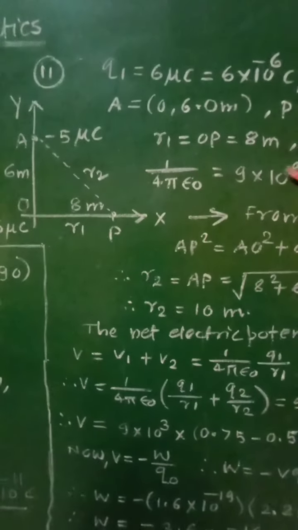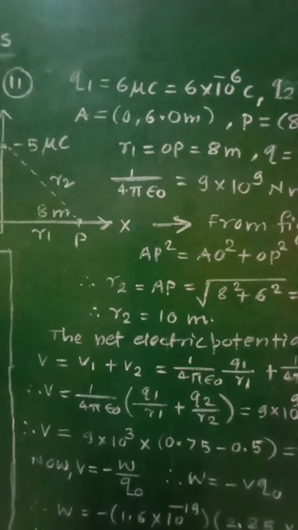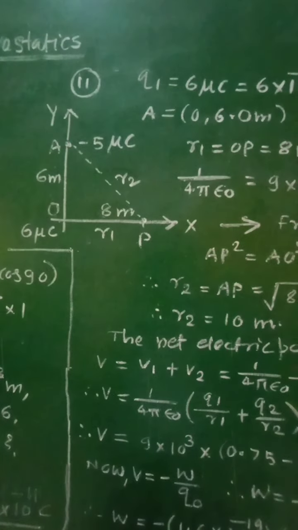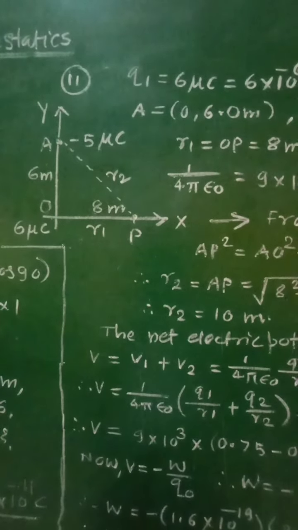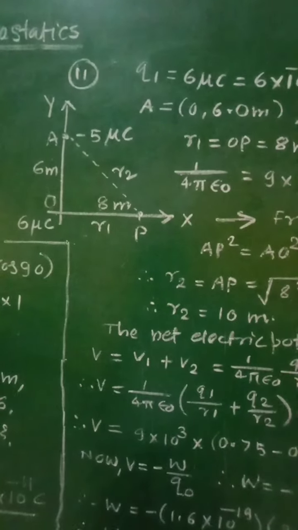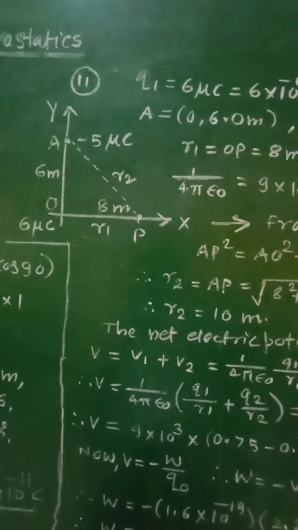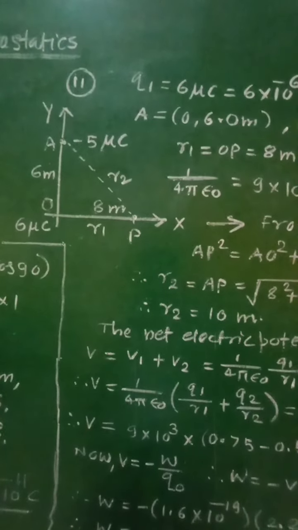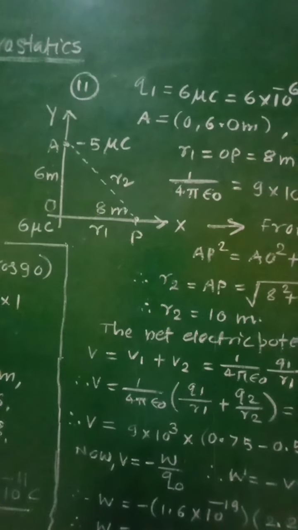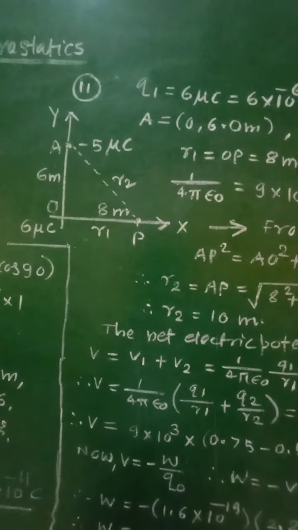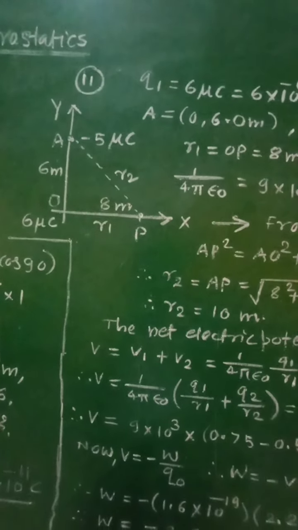Now let us go for the next numerical, numerical number 11, which is given as: a charge 6 microcoulomb is placed at the origin and another charge minus 5 microcoulomb is placed on the y-axis at a position 0, 6 meter.